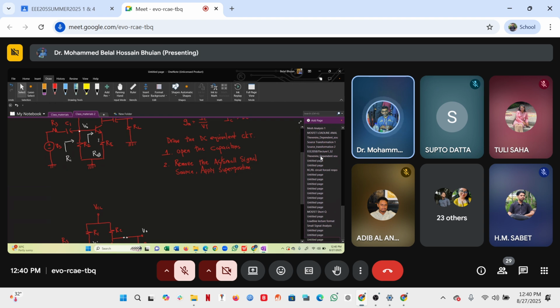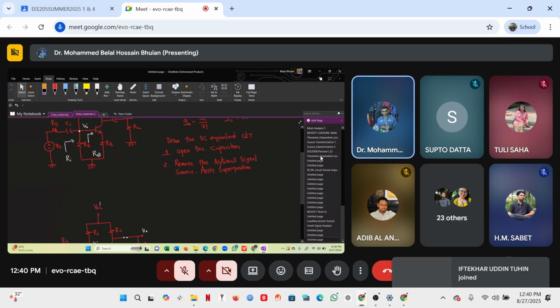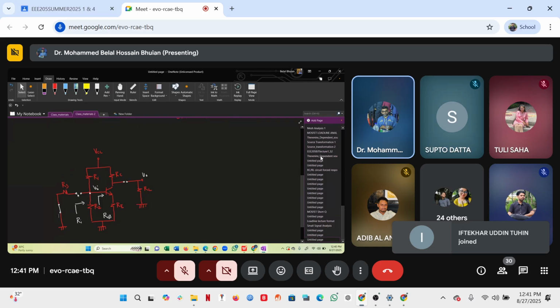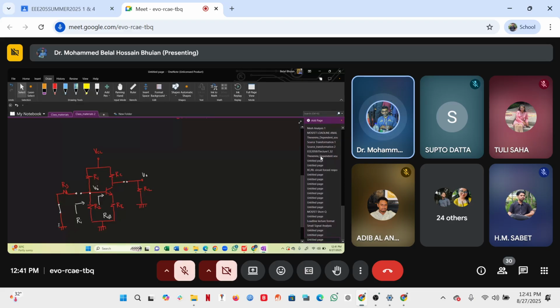That means this signal source is removed. Now notice, once you have opened the capacitor, it doesn't really matter whether you short the source or not. So doing step one is more than enough to obtain the DC equivalent circuit. Okay, so now we obtain the DC equivalent circuit.